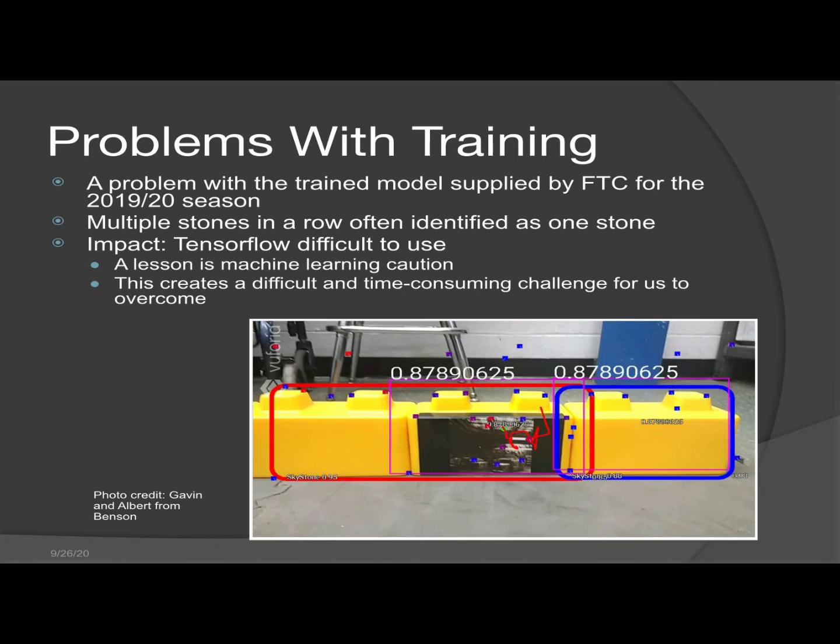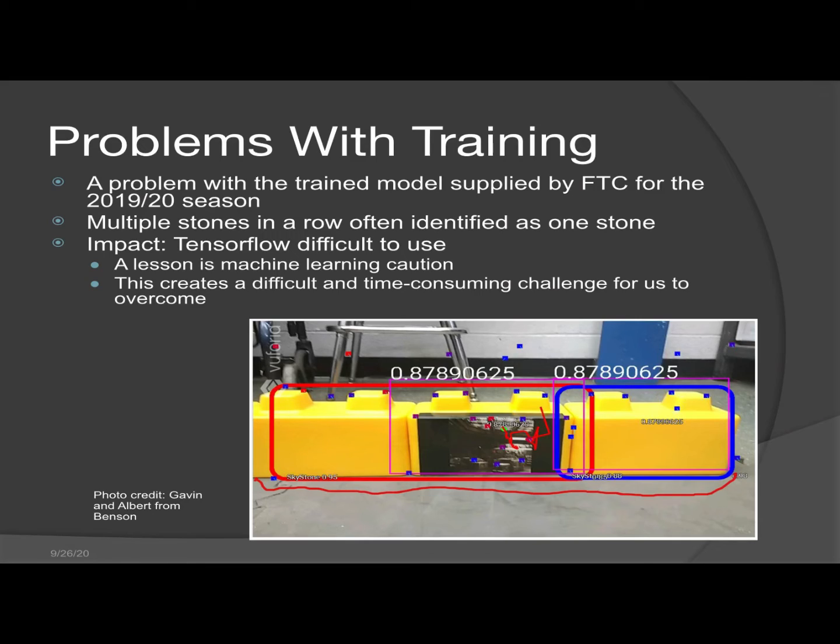We know that there was a problem with the Skystone challenge from the previous year. And that problem was that if you placed stones next to each other, like we have over here, it would recognize some of those stones, double stones, as a single stone.